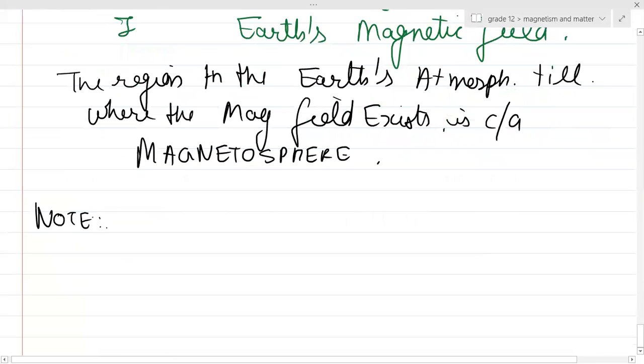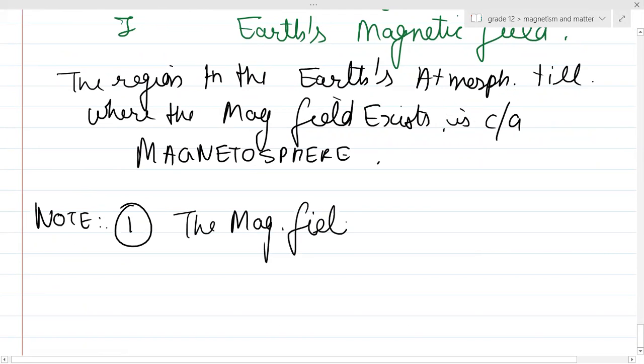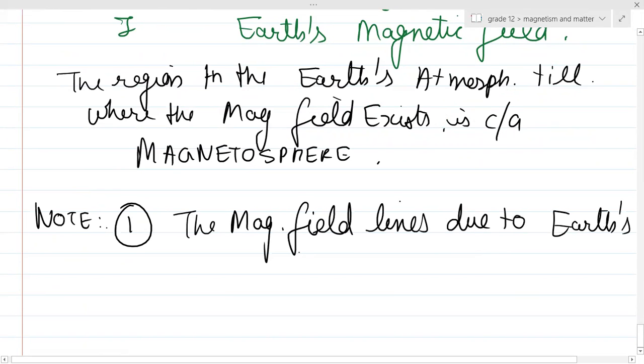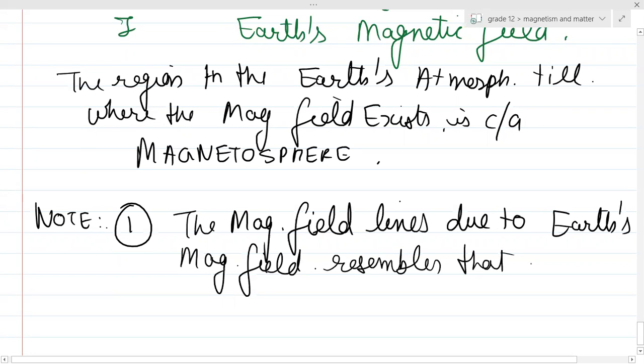The first point is the magnetic field lines due to Earth's magnetic field resemble that of a bar magnet. Basically this thing was responsible for your theory 1.